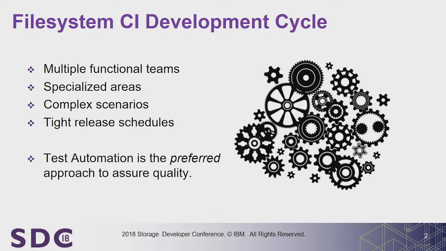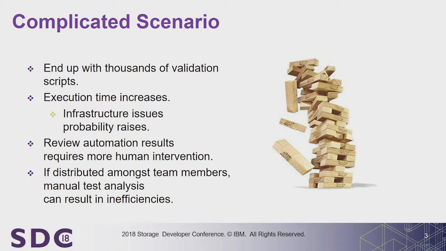And also that SMEs are collocated in so many different areas that it makes the development process and the development pipeline quite complicated. So to end up with this complicated scenario, we ended up with thousands or probably tens of thousands of verification scripts.